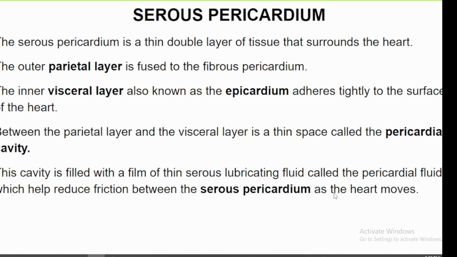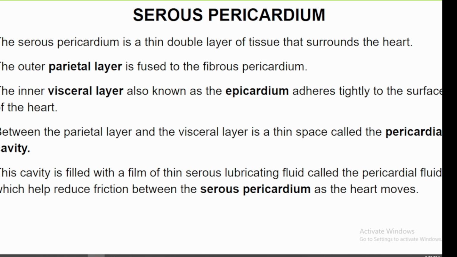Like every other serous membrane that you know, every serous membrane has a parietal layer and a visceral layer. Is that okay? So the serous pericardium is a thin double layer of tissue that surrounds the heart. Don't forget that it is still part of the pericardium, so it is still surrounding the heart. It has an outer layer and an inner layer.